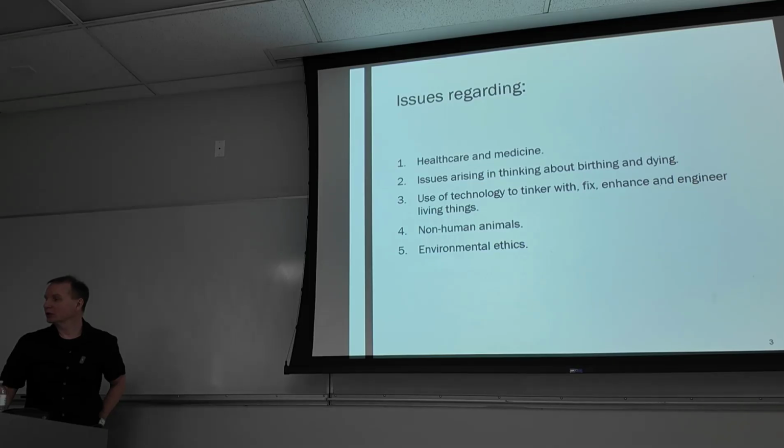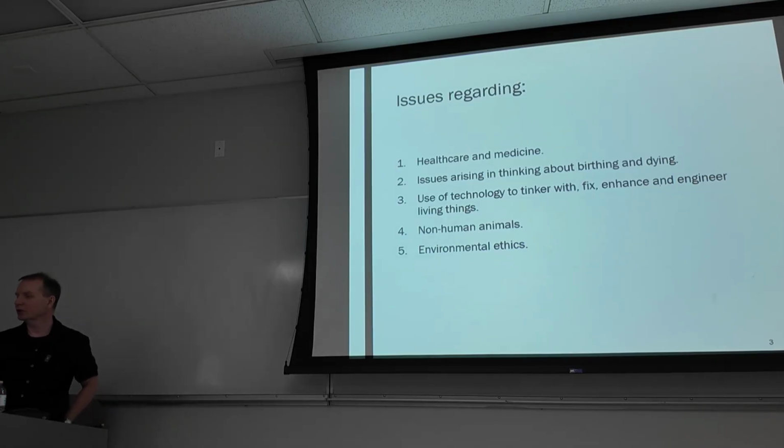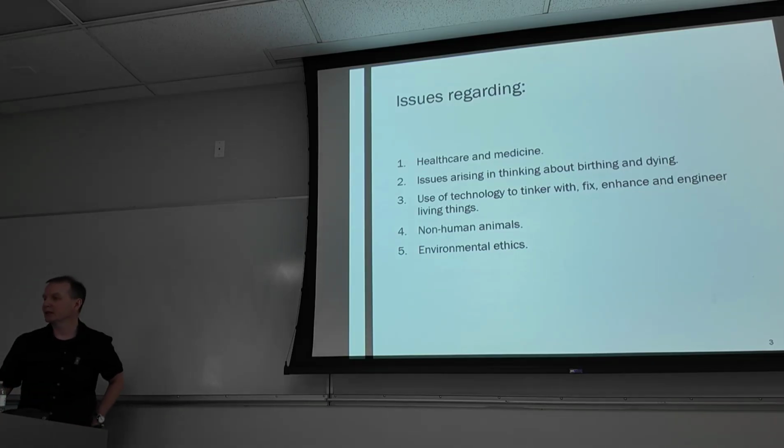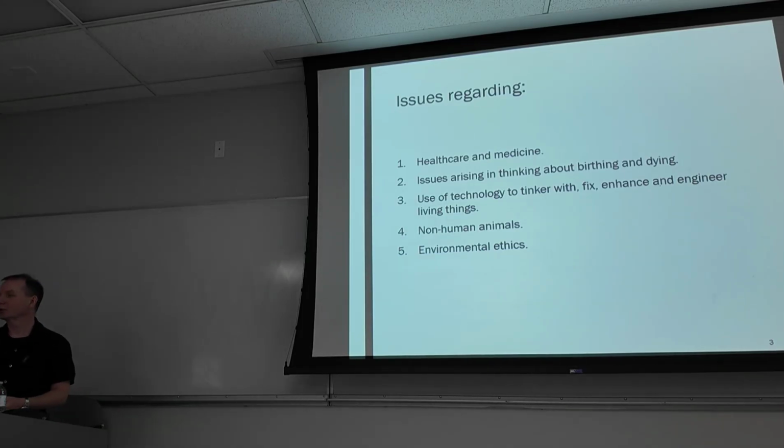Use of technology to tinker with, fix, enhance, and engineer living things. We're not going to go into that, but this is more of a bioethics issue. Non-human animals, there is a chapter at the end of the book talking about that too. And environmental ethics, again, there is a chapter at the end of the book which we're not going to go into.